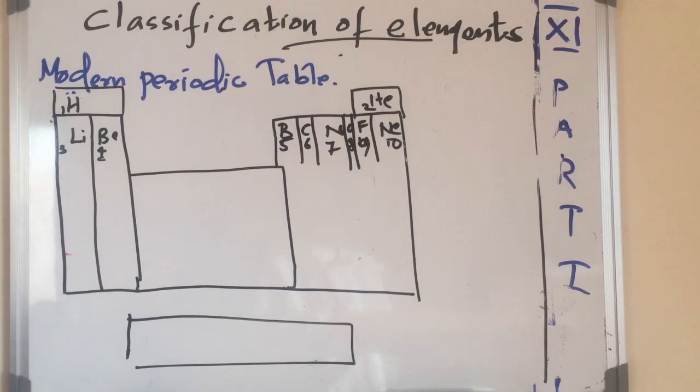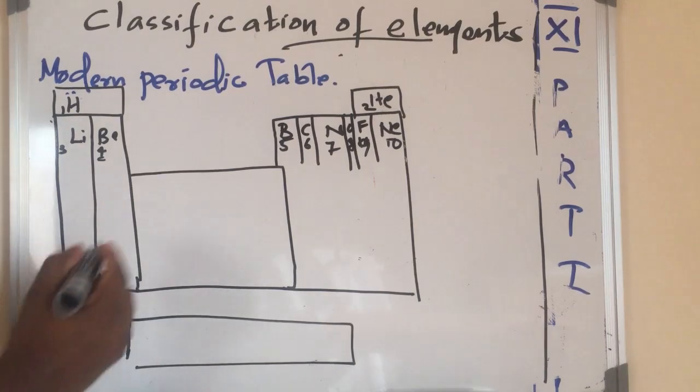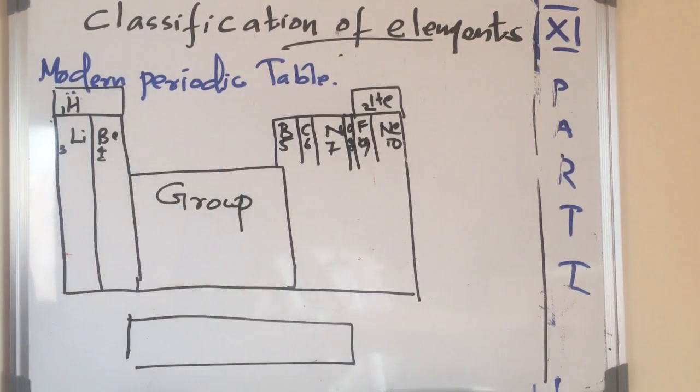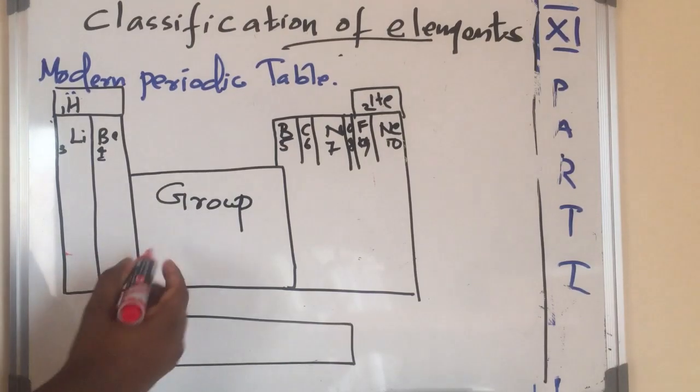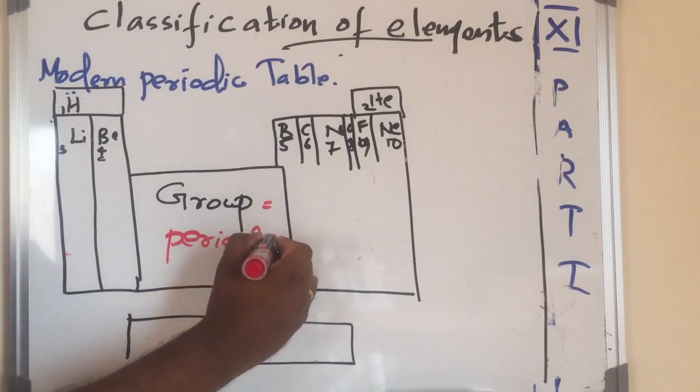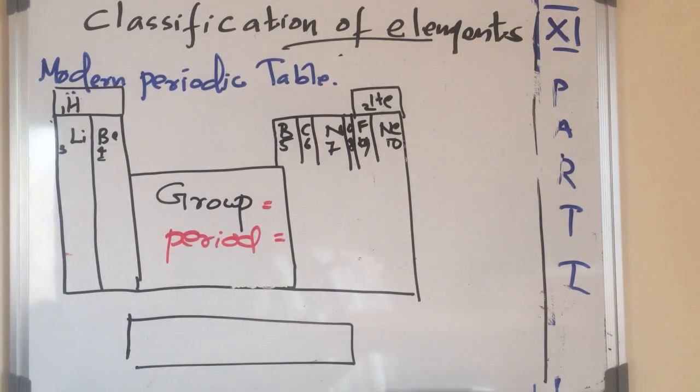How many groups and periods are there in the modern periodic table? What do you mean by group? Did you remember it? Group and period you learned last year, related to the Mendeleev periodic table and modern periodic table. What do you mean by group?